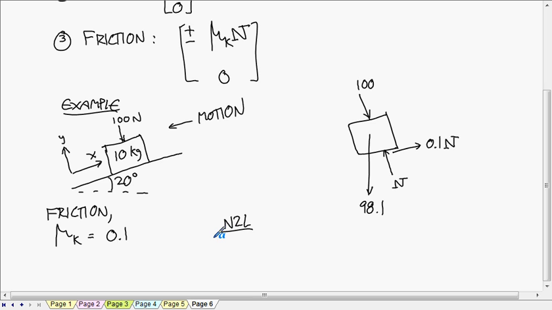Can someone tell me what the components of this are? So 98.1 times cosine of, oh, well, what's the angle? Yep, 250. So 270 minus 20 in this case. What is it? Okay. And what's the other one?